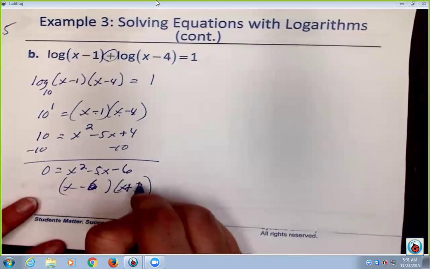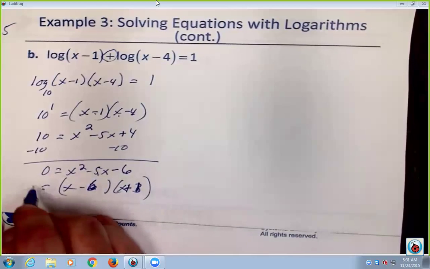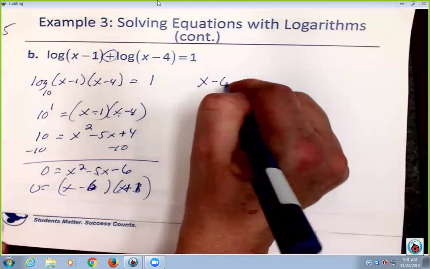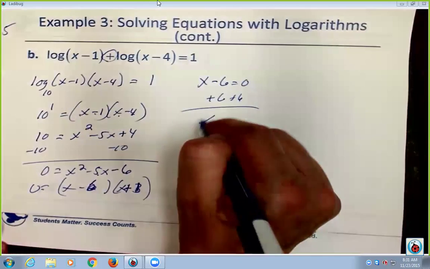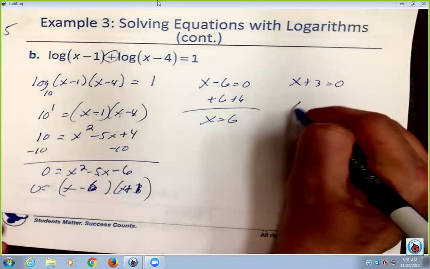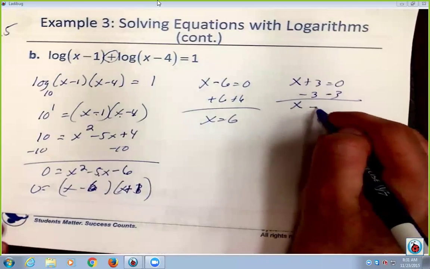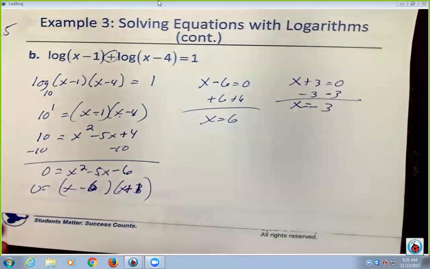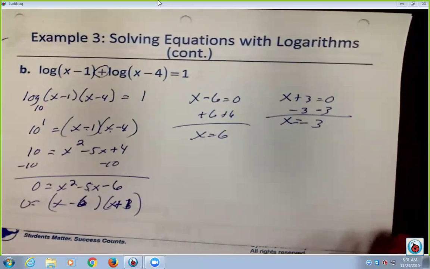Let me get it right here, because I've got to get a negative on the end and have a subtraction in the center. Set them both equal to 0. So we get x equals 6 and x equals negative 3.